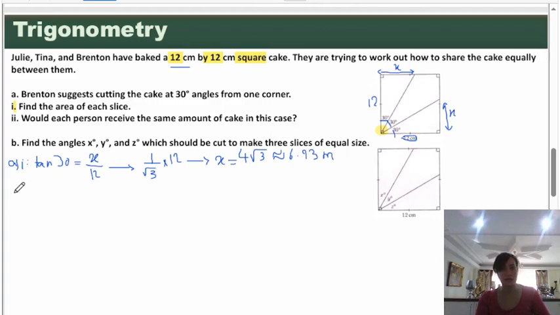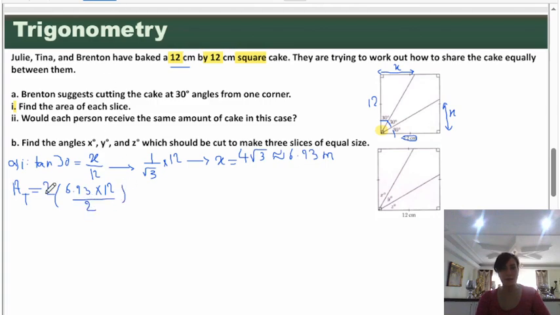I will go to find the area of the triangle. Because I have two triangles and they are the same, I multiply by two. So I say 2 times height, which is here 6.93, times 12, divided by 2.